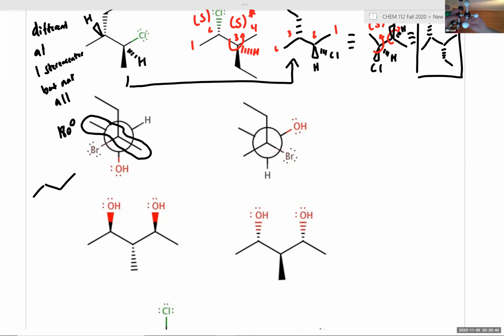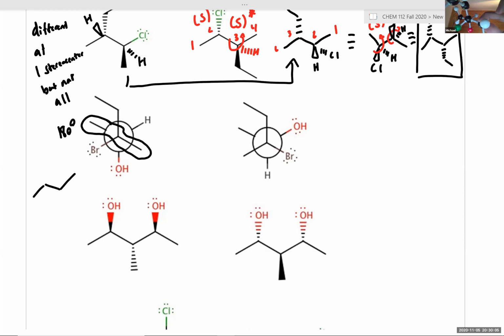See this back methyl right here, all the way back here? Back methyl on the left, hydrogen on the right. Okay, now that we have our Newman projection set up, does everyone see how this matches our Newman projection?